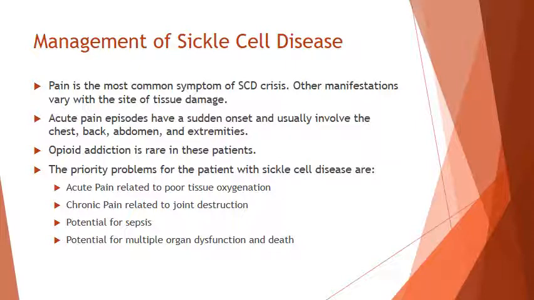Pain is the most common symptom of sickle cell disease crisis. Other manifestations vary with the site of tissue damage. Acute pain episodes have a sudden onset and usually involve the chest, the back, abdomen, and extremities. Please know that opioid addiction is rare in these patients.